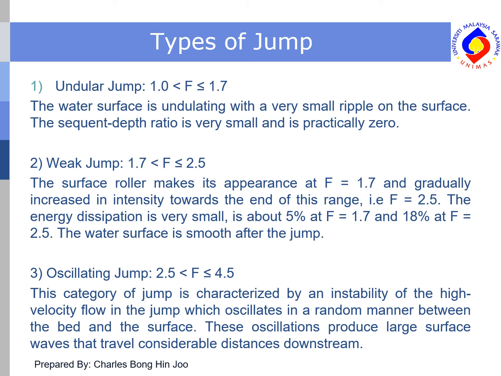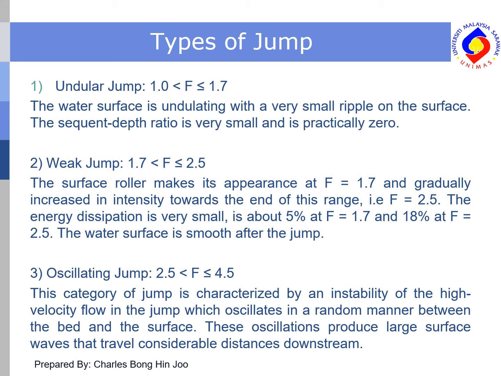If the Froude number is between 1.7 and 2.5, this is what we call a weak jump. The surface roller makes its appearance when the Froude number is 1.7 and gradually increases in intensity towards the end of this range, that is when F equals 2.5.